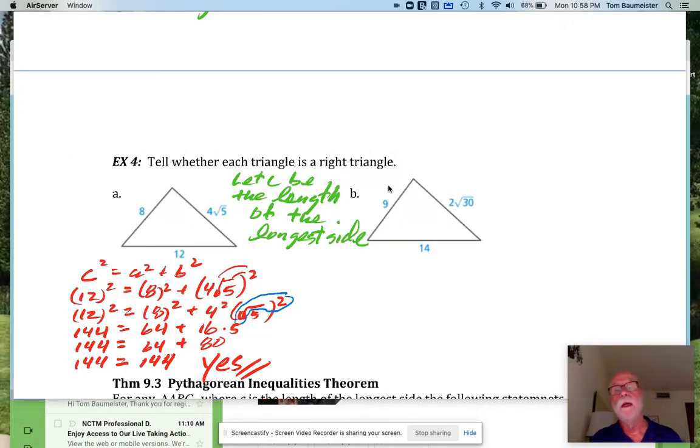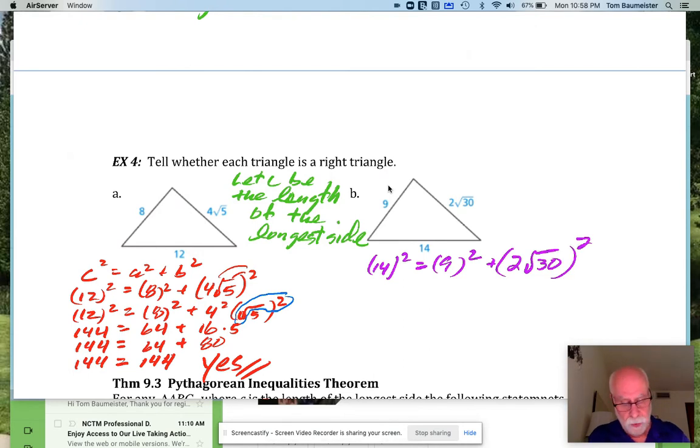For B, same thing. I would plug it into the calculator to see which one would be the longest side. And again, on this one here, it's going to be 14. So I'm going to say 14 squared is equal to 9 squared plus 2 times the square root of 30 squared.